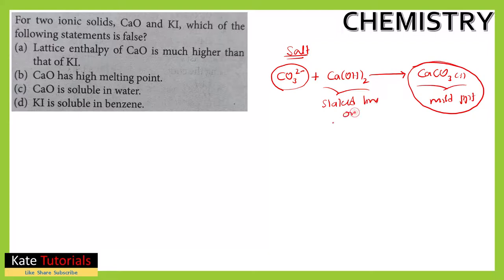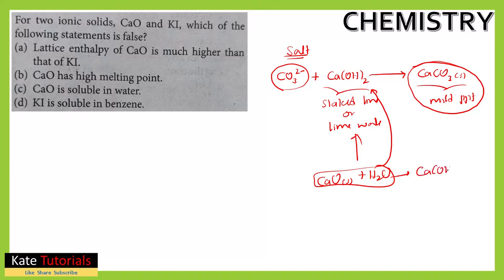How is this lime water formed? If I take solid calcium oxide and add it into liquid water, both react to form lime water, Ca(OH)2.